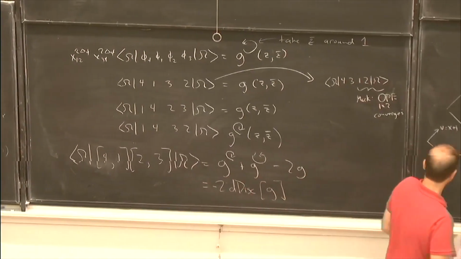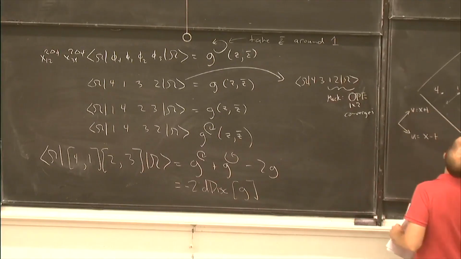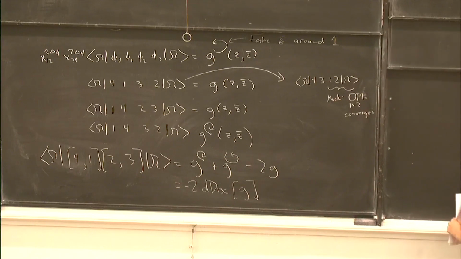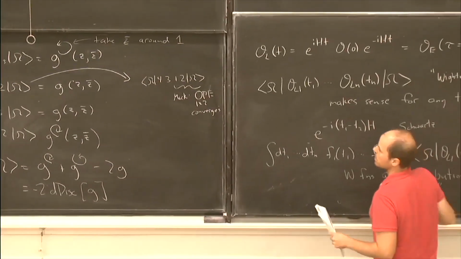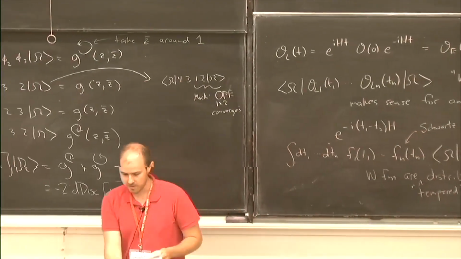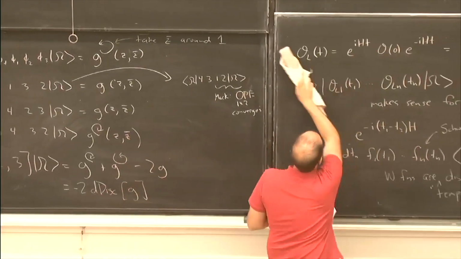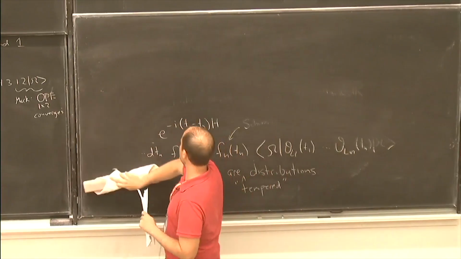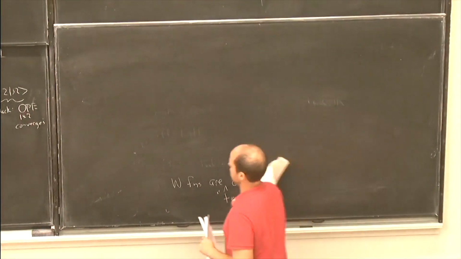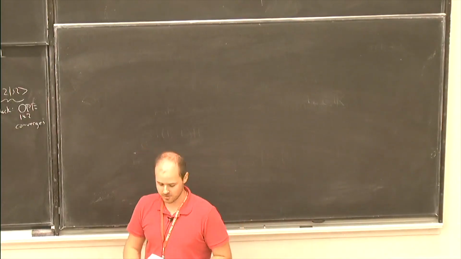So in the last 5 minutes, I want to use this to do the light cone bootstrap using the Lorentzian inversion formula and recover the formulas that we had in the first lecture.